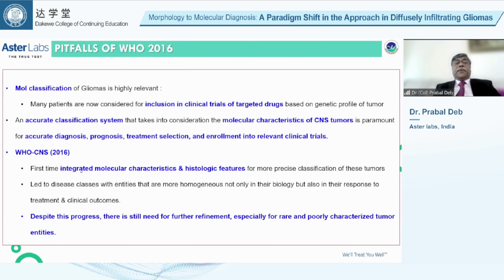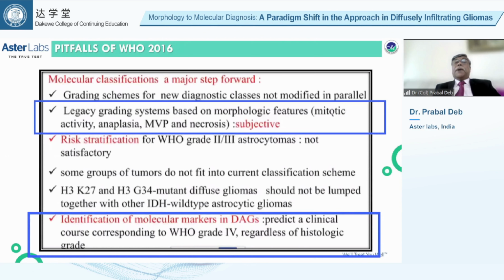For the first time, the integrated molecular characteristics and histological features, what I enumerated, were evaluated together. But still, there was a legacy grading system which was very subjective. And this missed out a lot of distinct tumor entities.